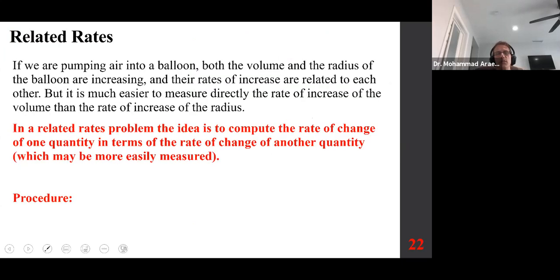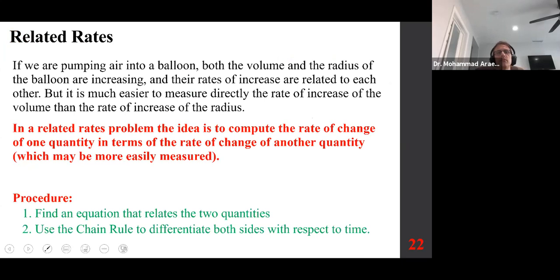We looked at the concept of a related rate. In the case of related rates, we are interested in finding a rate of change for a specific quantity where another quantity maybe is known, and therefore you find the equation that relates the quantities, then you differentiate using the chain rule.